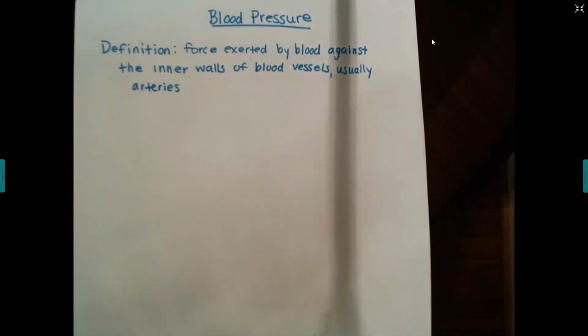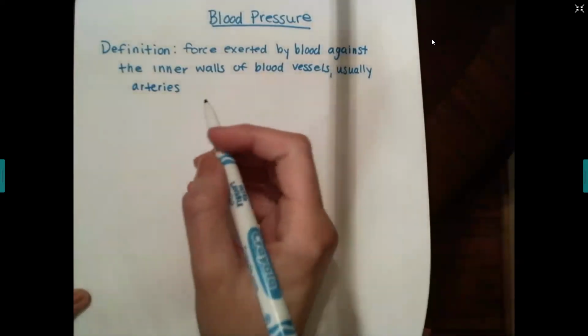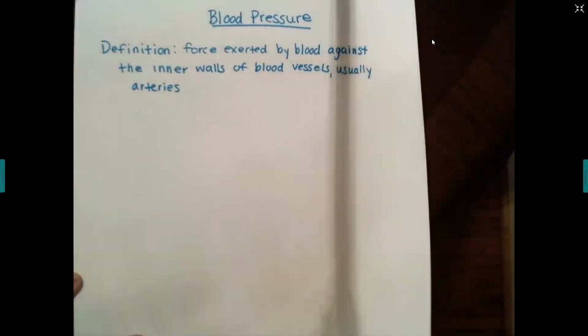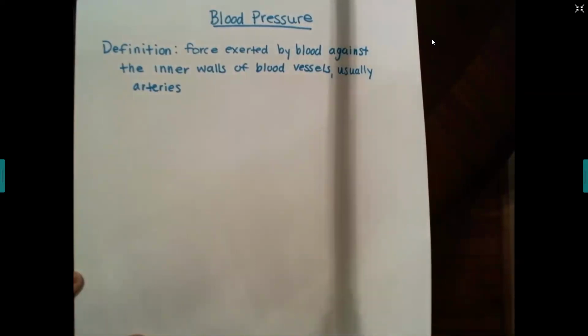You go to the drugstore, you go to Walmart or wherever, and you put your arm in the little sleeve and it will measure your blood pressure. Or you go to the doctor, and the nurse that you see first will put the cuff on your arm, read that blood pressure, and give you your recording. That recording is typically, or is always, in millimeters of mercury.